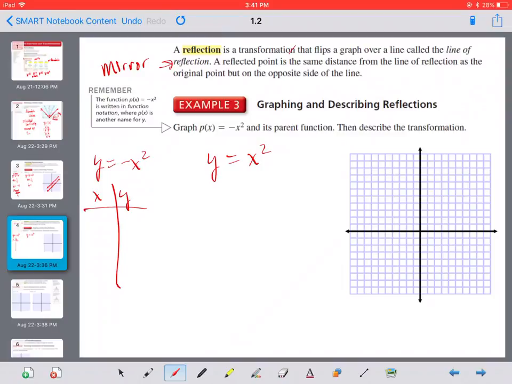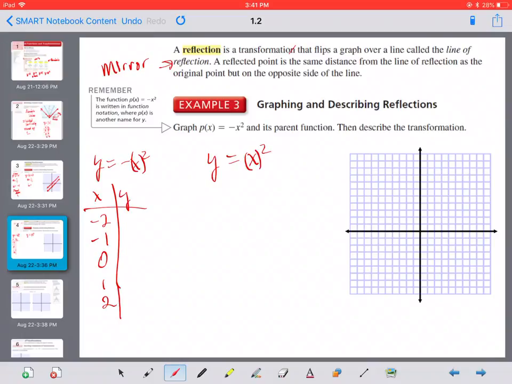So I'm going to make a little xy chart here, and I'm going to go with the same old -2, -1, 0, 1, and 2. You can pick any x values you want, but it doesn't look like it's been moved left or right, so it's going to be around the origin. So I'm just going to use numbers near the origin. Now remember, we're plugging it into the x.